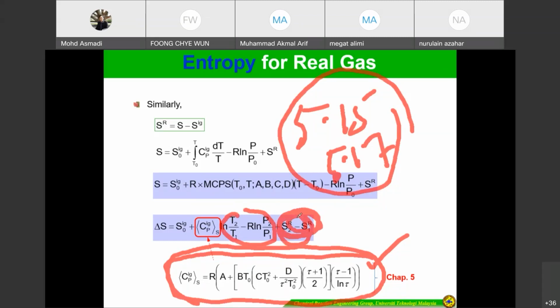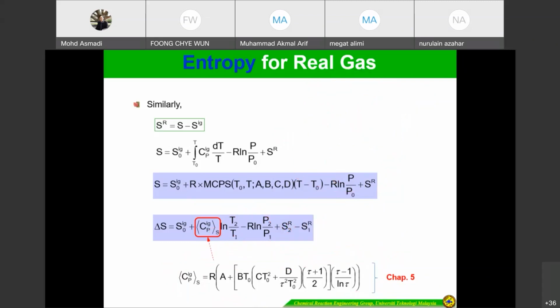We want to find this residual. You can just replace it, similarly to the mean heat capacity and the integration of the heat capacity. So these are the equations. You have to highlight this one. Don't memorize this equation. Enthalpy and entropy.